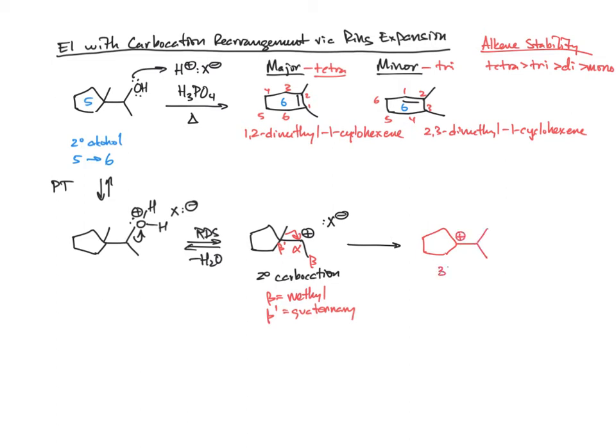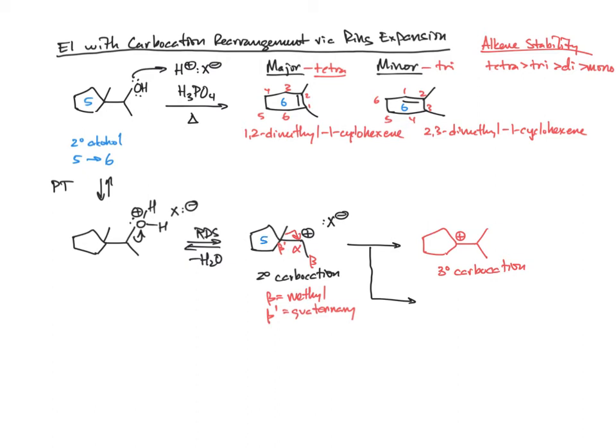So here we end up with a tertiary carbocation. And again, that's one possible path. The actual path that happens is the ring actually expands.